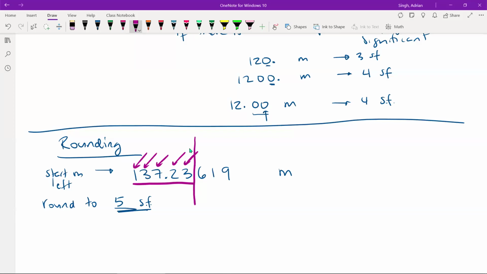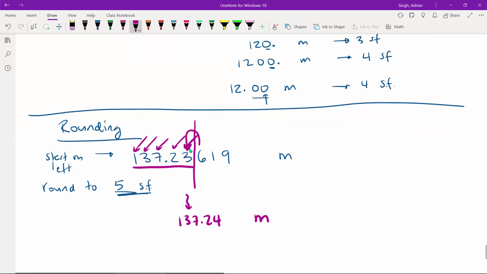I'm going to take a look at the 6th, the next digit in line, and see if that digit is 5 or above. If that digit is 5 or above, which in this case it is, it's a 6, I'm going to round the last digit that came before it up by 1. So this becomes 137.24, and that's meters as my unit.